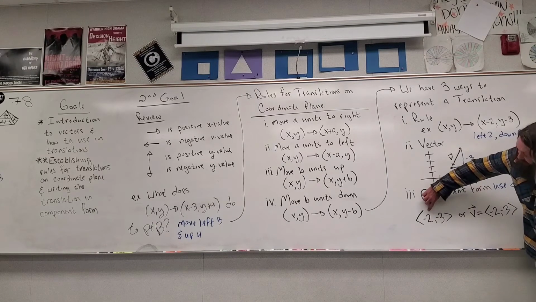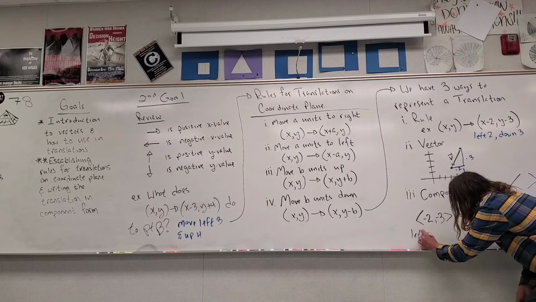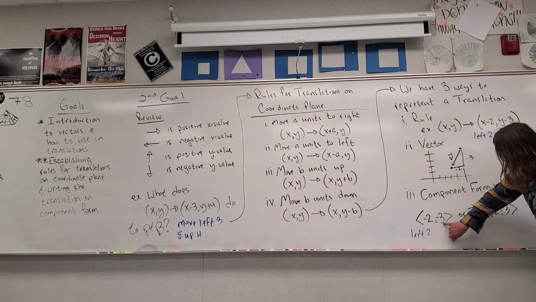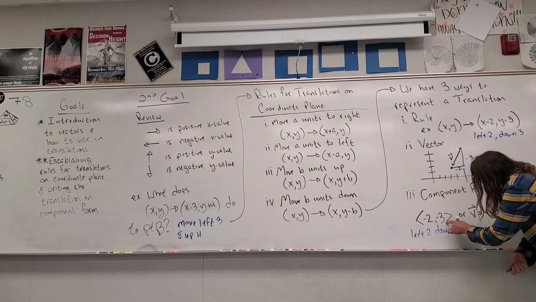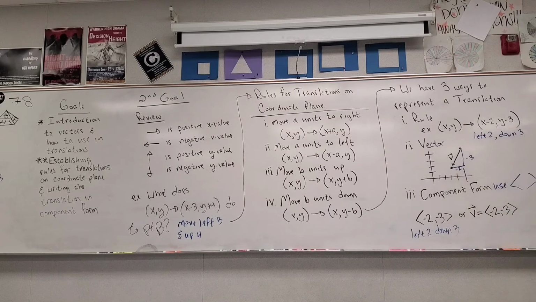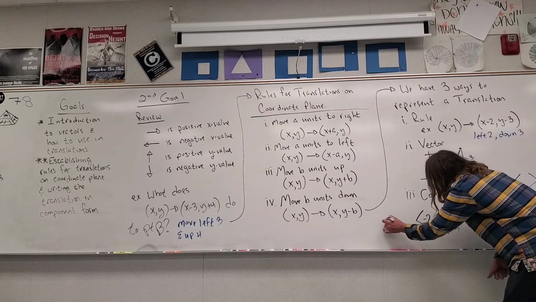Because this is in the x position, I'm going to go left 2, and I'm going to go down 3. I know I'm going down 3 because that's in the y position. So with this, I don't tell you how the point maps to its new location. I just tell you how you're moving. That's what the component form does.